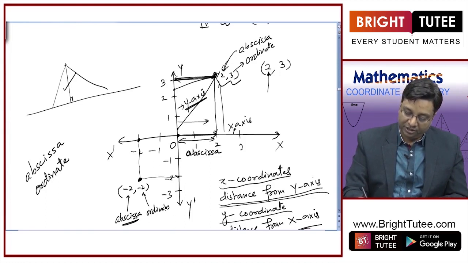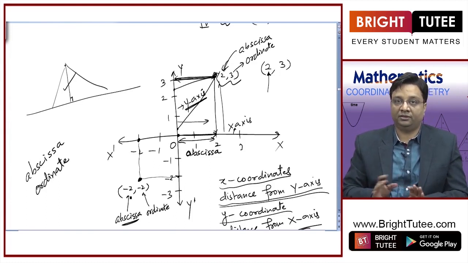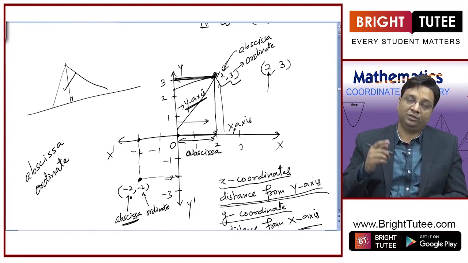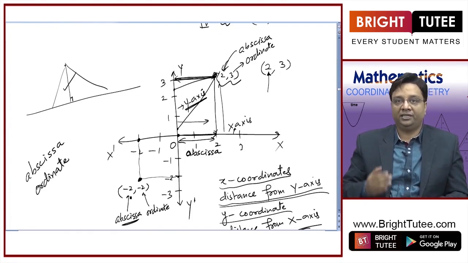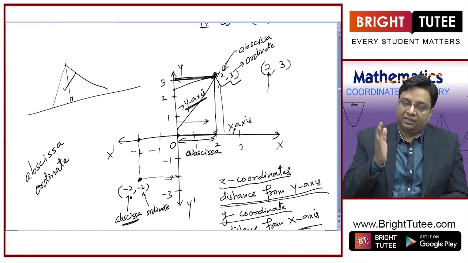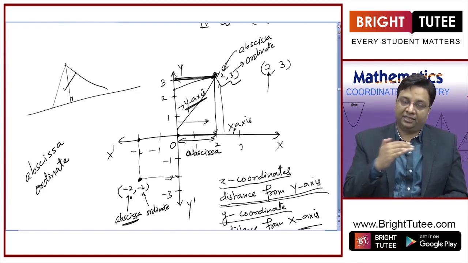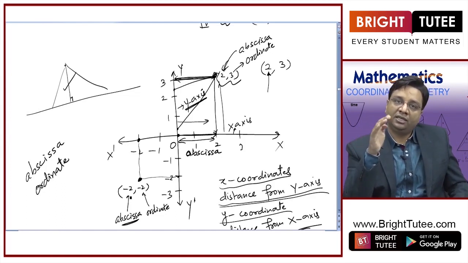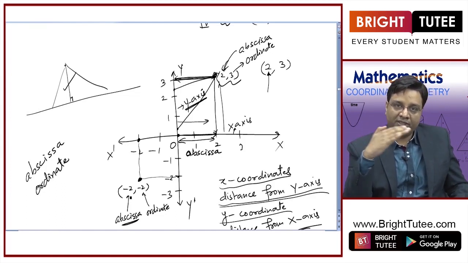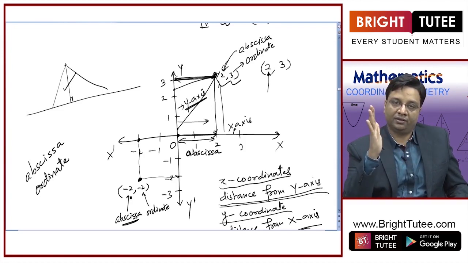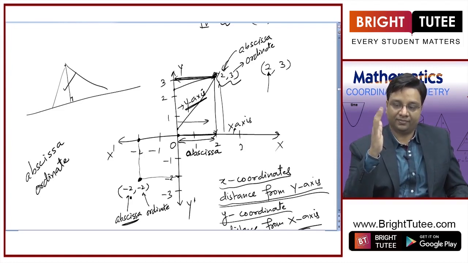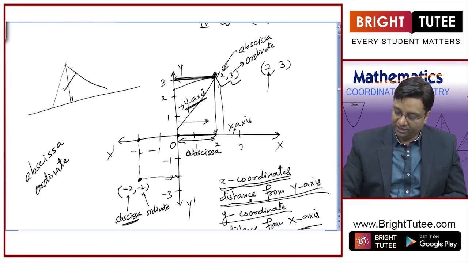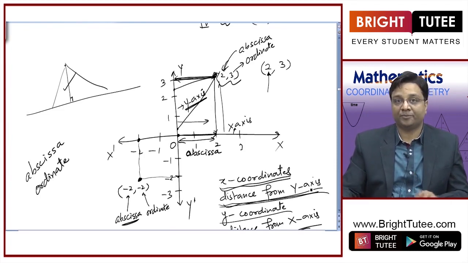You will not say that abscissa is 2, without the sign. No, you have to mention the sign also. When you say abscissa is -2, that means the distance of the point in x direction is negative 2, or you can say the other way around, that the point is towards the negative direction of x-axis and 2 units away from y-axis. Okay, because x coordinate gives me the distance from y-axis, right?